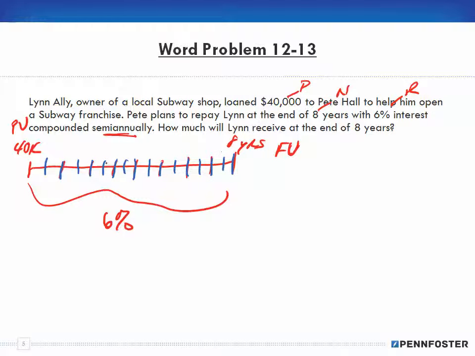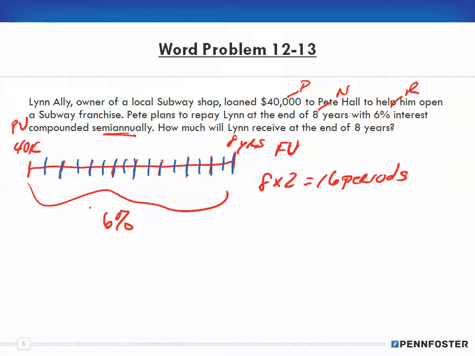So now, instead of having 8 periods, I actually have 16 periods. Why? Because when I take the number of periods, I multiply by the amount of compounding. So I have 8 years at semi-annually, or twice, so that gives me 16 periods.